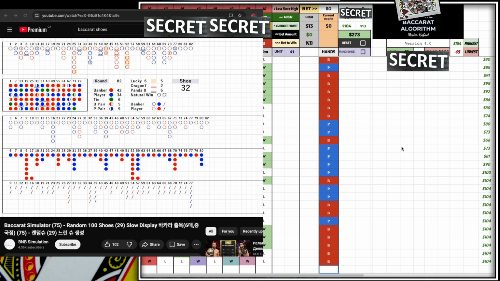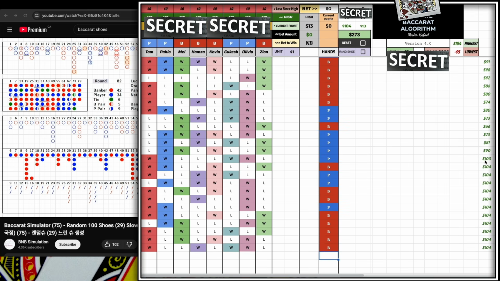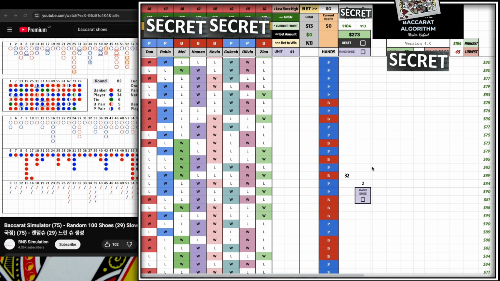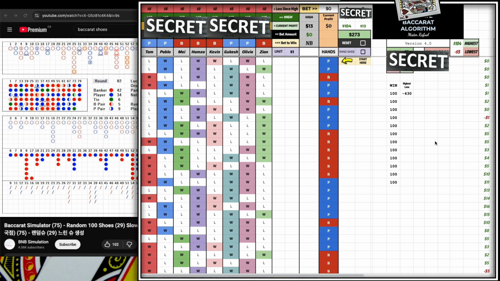Oh, I need to stop. We hit the win goal. Where was it? Right here. $100. So we would have stopped right there. 2 shoes needed again. Biggest drawdown minus $5 only. Great. Let's add another 100 to the bank.